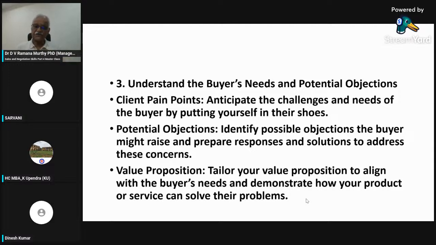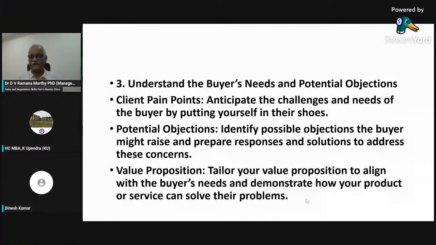Because you understood the buyer's needs and the potential objections and doubts in the minds of the client's organization, it is very easy for you to tailor your value proposition. You're aligning your value proposition, I mean to say the sales argument, with the buyer's needs, and also you can demonstrate how the product or service can solve their problems. So that's the third point.